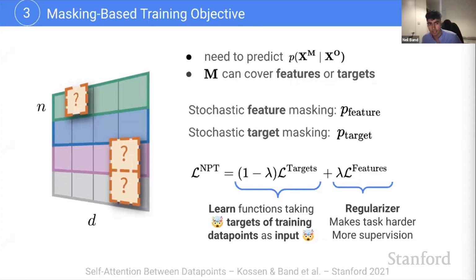This one is unique because in standard parametric deep learning, you're not going to have an instance in your training process where you're taking targets as input. Basically, if you have your training data set as input, you're going to have some stochastic feature masking happening on the features.